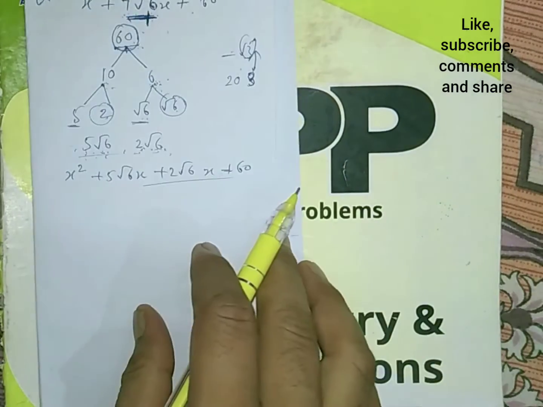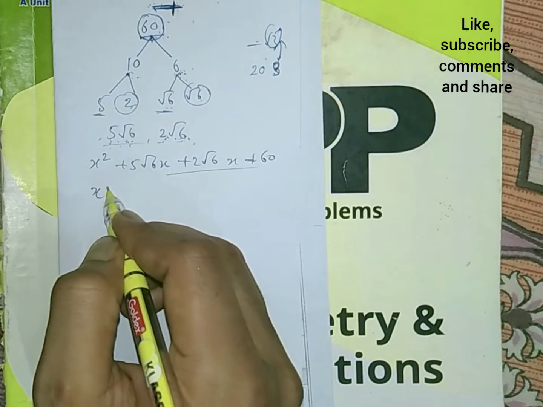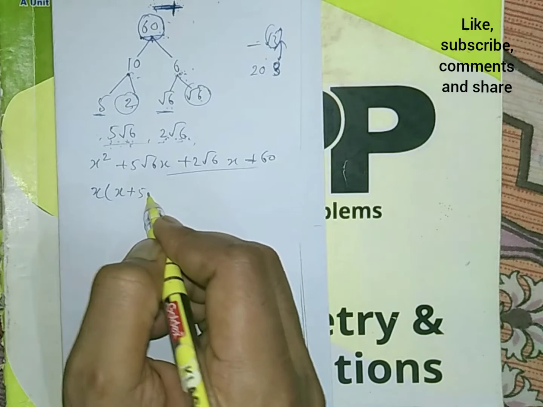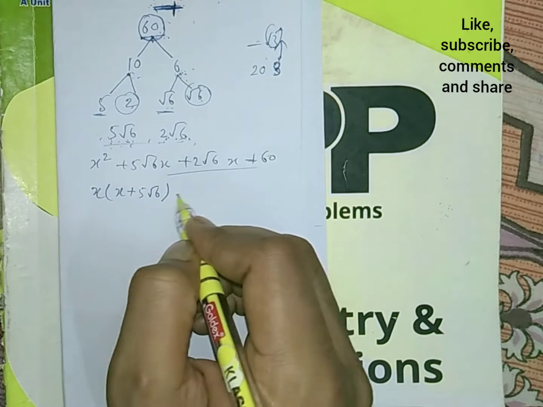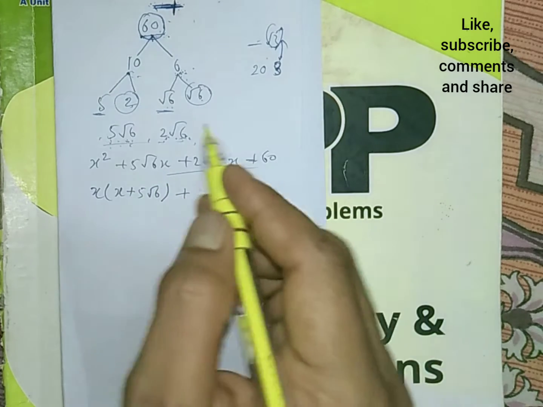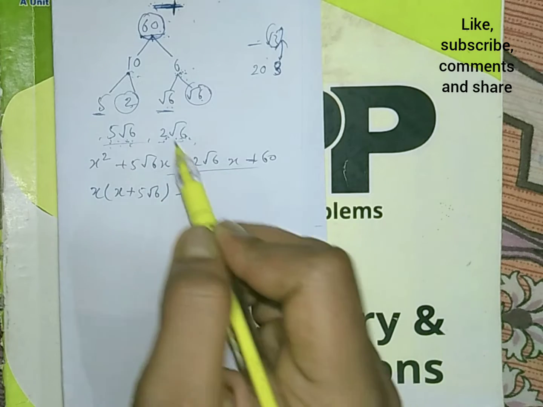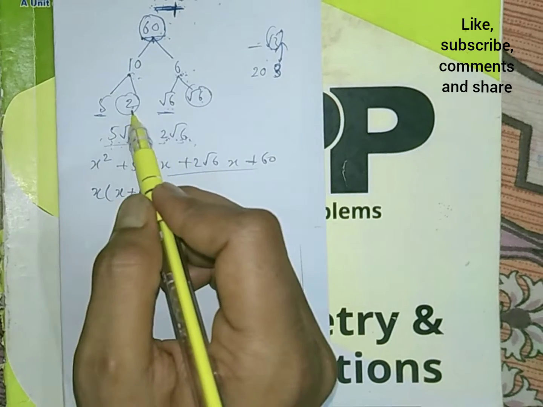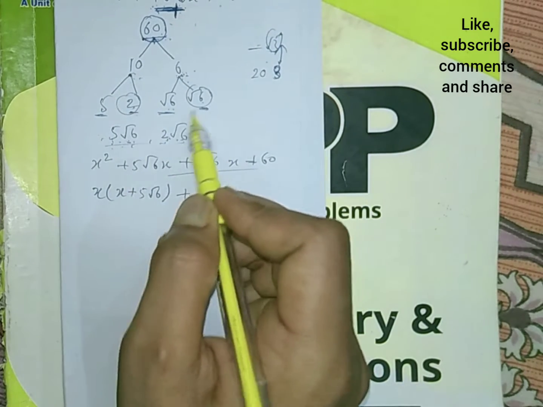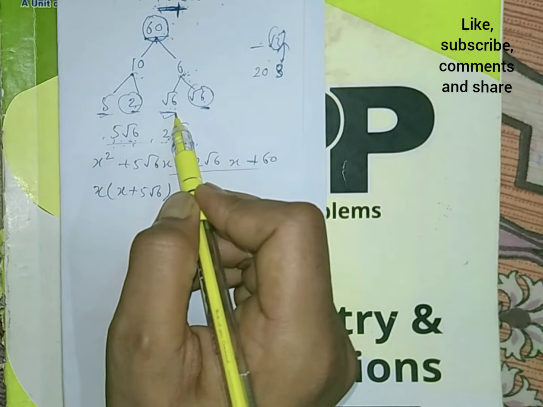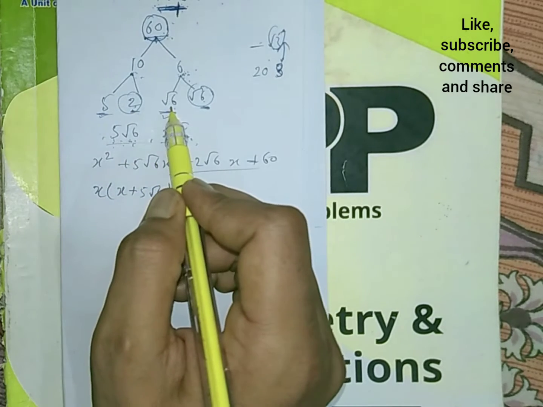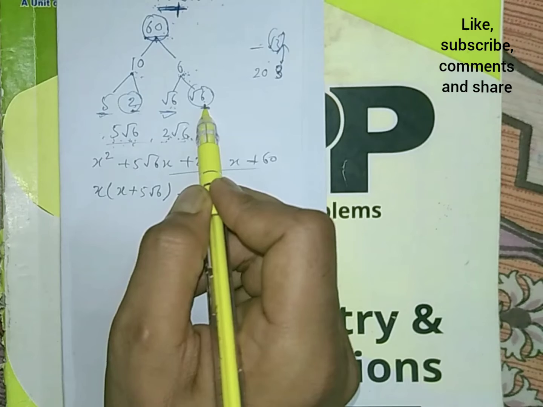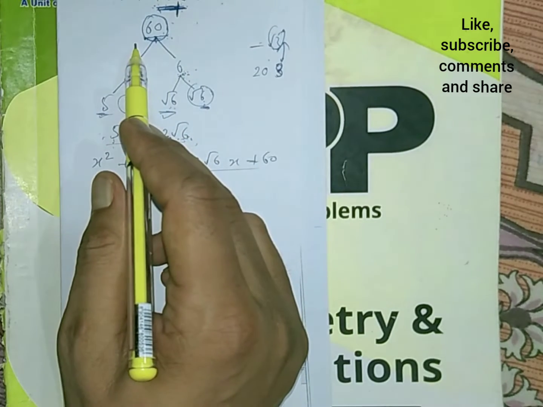All are solved. So start here, take x common, x plus 5 root 6, plus take common. What is the common? Look, 2 root 6 is common. So the remainder will be what? 5 root 6, yes or no? Because 5 into 2 into root 6 are the prime or normal factors of the 60.